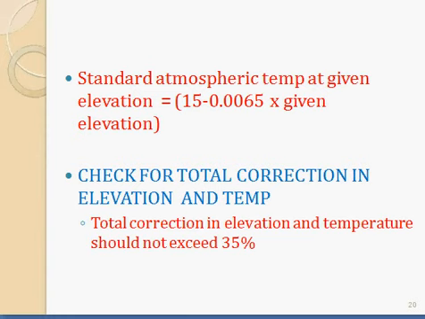That is correction for temperature. Then as per ICAO, you have to check the total correction after applying the corrections for temperature and elevation, and that total correction should not exceed 35% of the basic runway length. That also you have to check.